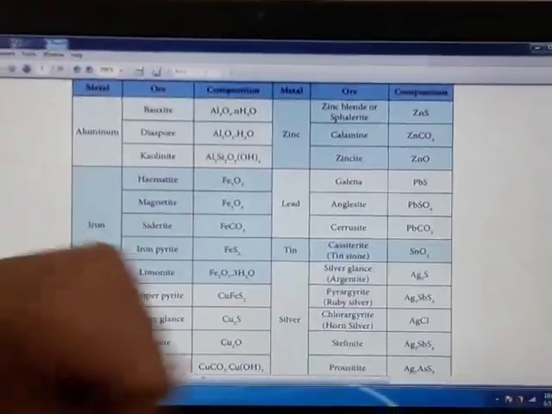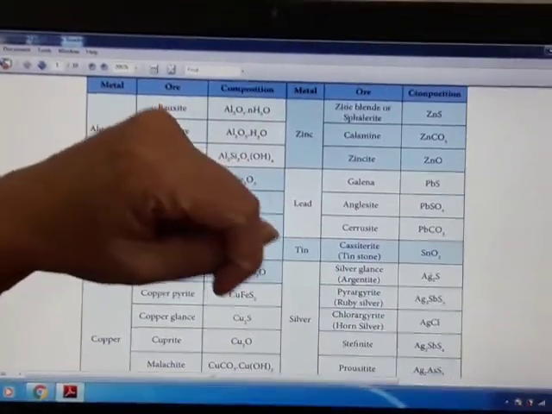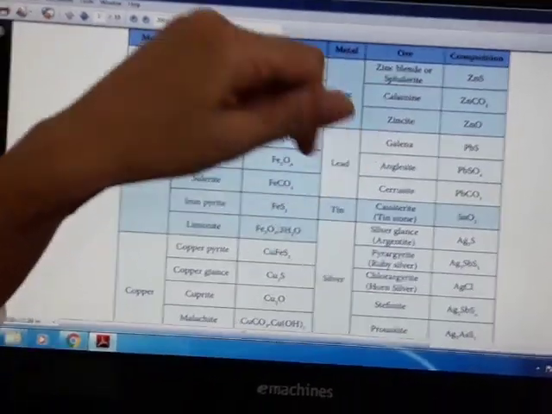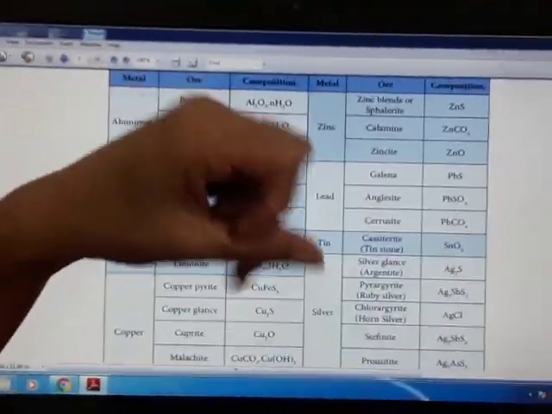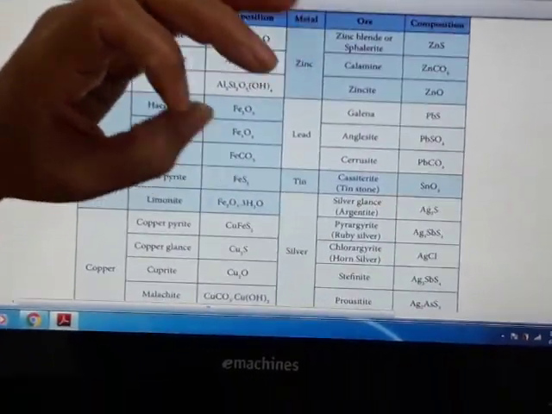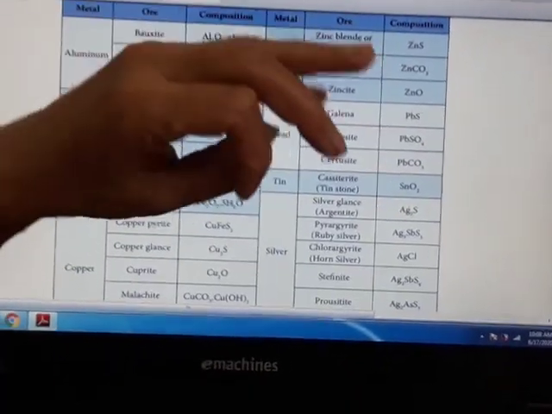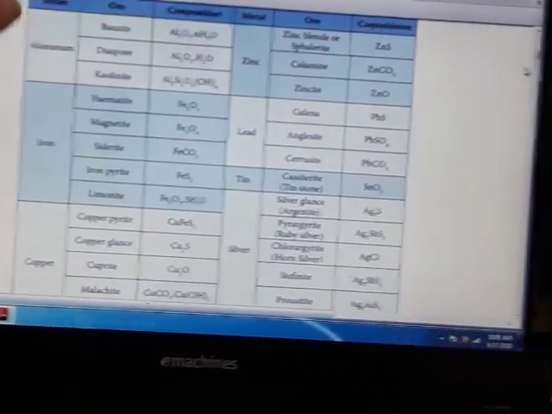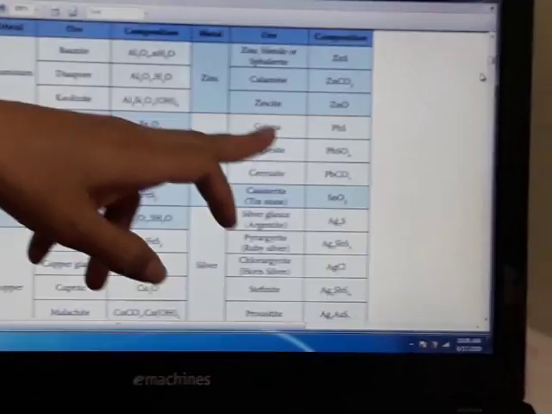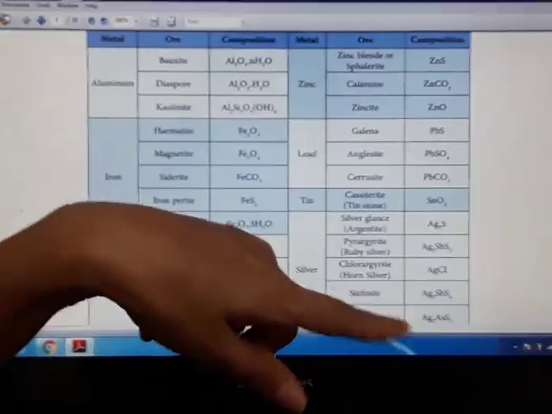Try it sometime, it will give you good results. Then there is zincite. Most zinc compounds you will find in many forms, either in skin talcum powders or creams, antibacterial creams, antifungal creams. Zinc is a common ingredient in all these things.